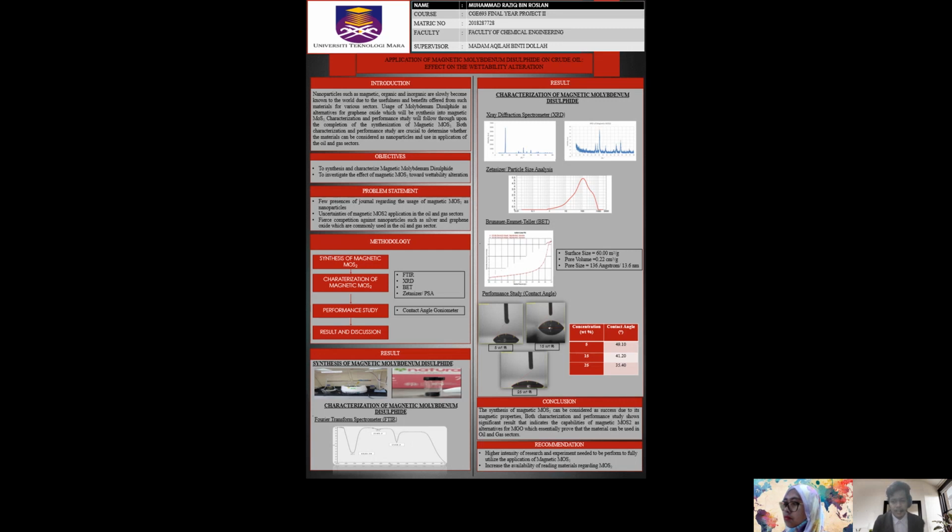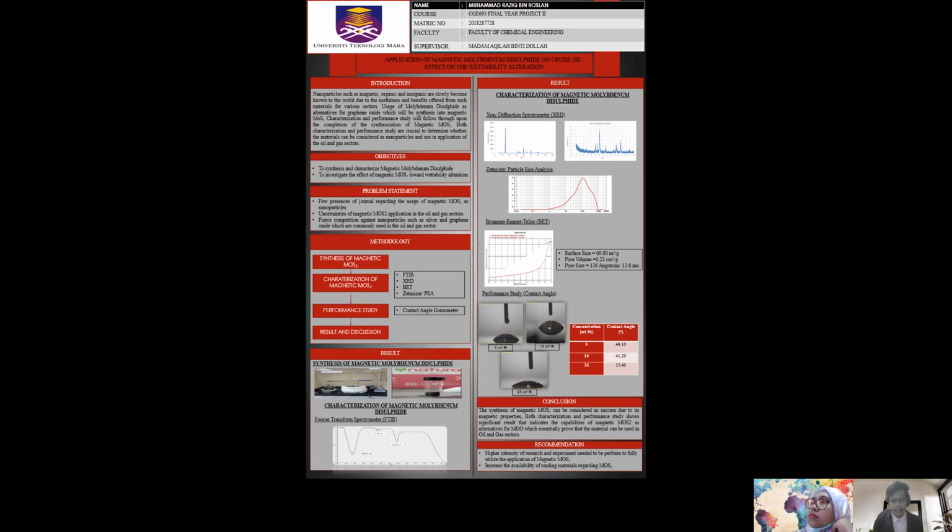After characterizing all the samples, the next step will be the usage of the sample in order to measure the wettability, or to determine whether the sample can alter the wettability, which is commonly used in the oil and gas sectors.